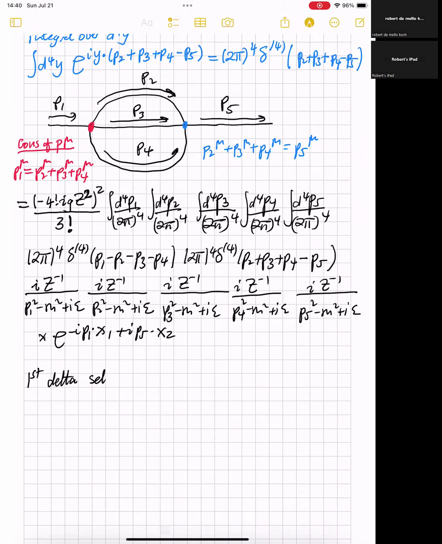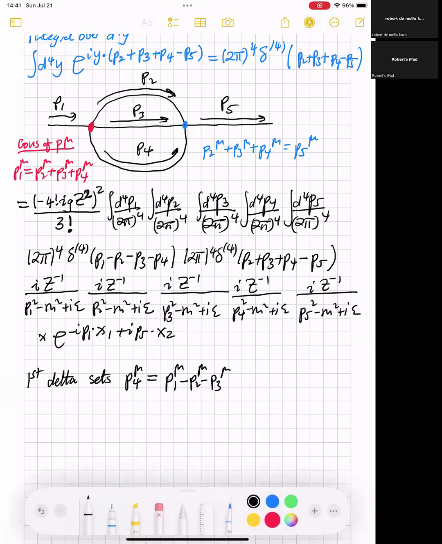So the first delta sets P4 to be equal to P1 minus P2 minus P3. I got that just by reading off the argument of this first delta function, which I'm underlining in red, and asking where is that equal to 0?